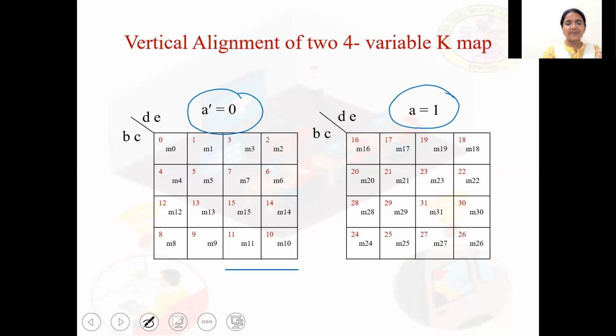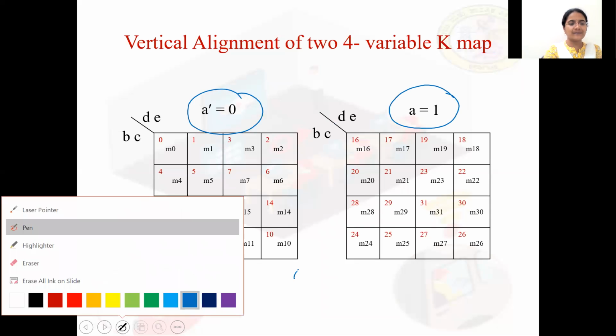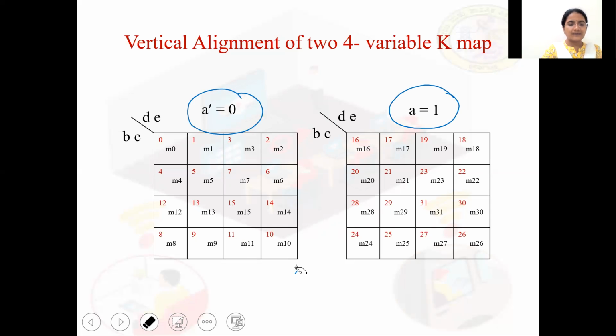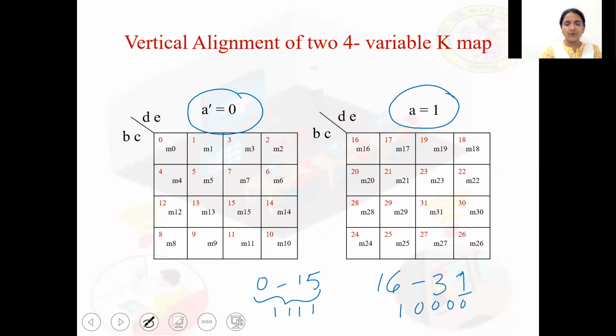When you see the truth table of the 5 variable key map, let us consider a 4 variable key map which ranges from 0 to 15, and another 4 variable key map which ranges from 16 to 31. For these values the binary value goes up to 01111, and for the other it starts from 10000 to 11111.